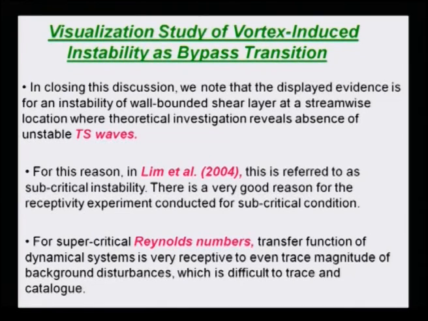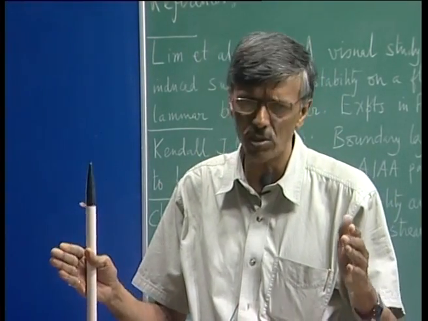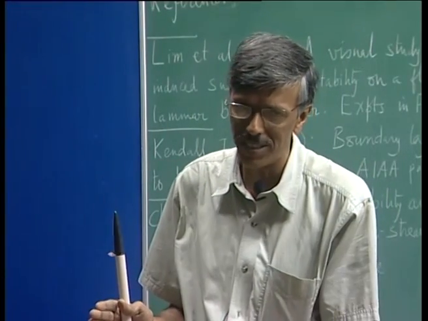Now, in trying to close this discussion on the visual signature, what we note that the displayed evidence is for an instability of a wall bounded shear layer at a streamwise location, where the theoretical investigation reveals absence of unstable TS wave. Later on I will show you some computed results where the computational domain is restricted to something like where Re delta star at the outflow is less than 500.